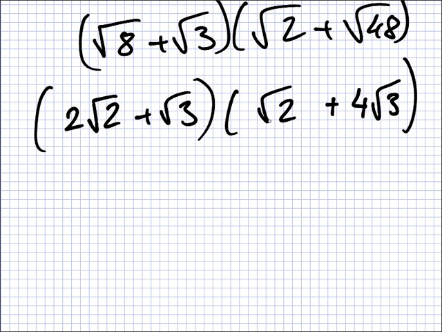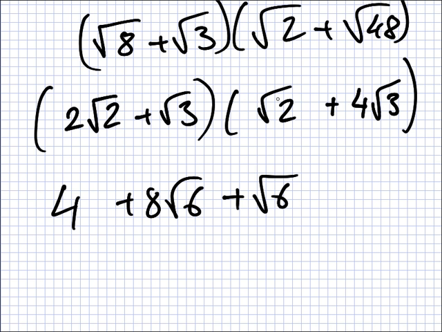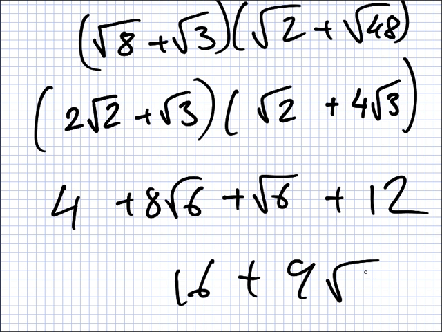Okay, 2 root 2 by root 2 is 2 by 2, which is 4 then. 2 root 2 by 4 root 3 is 8 root 6. And then in the middle you have another root 6. And then you finish up on 12. 16 plus 9 root 6 then. That's as simple as it gets.